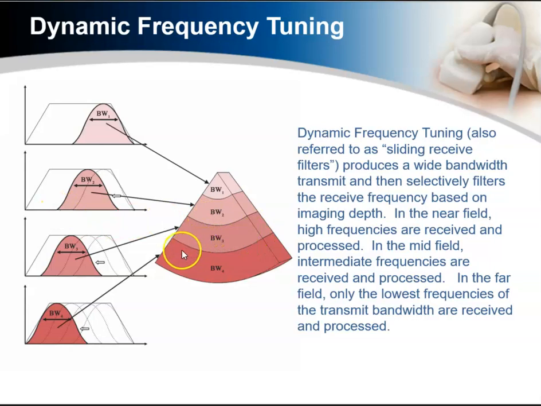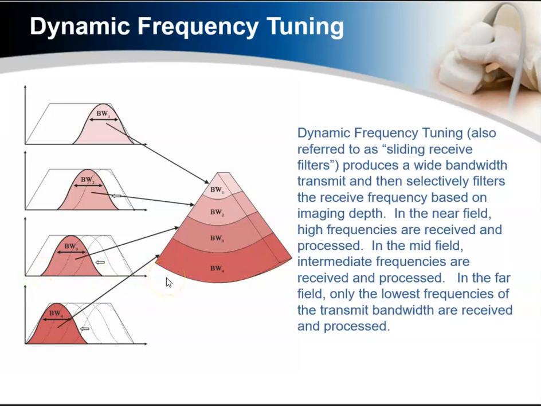When we're listening very deep down here, in the very deepest part of the body, we're going to listen with the lowest frequencies that our transducer emitted. It's going to give us the best picture we could possibly get by using all these different frequencies.